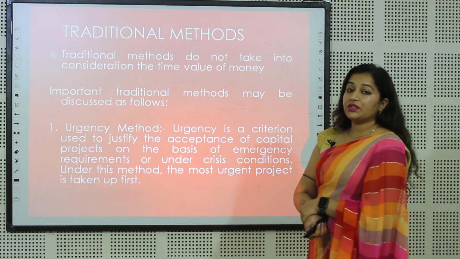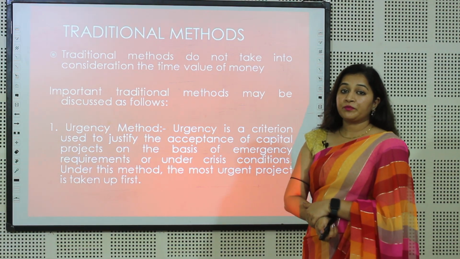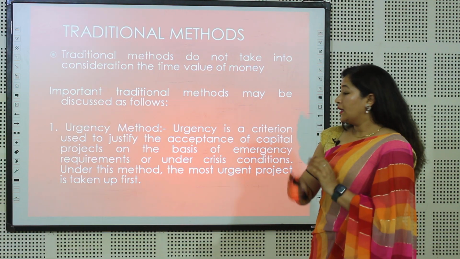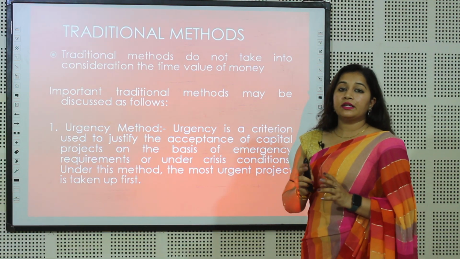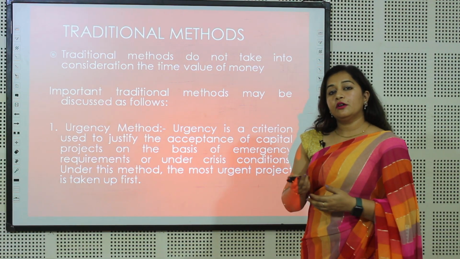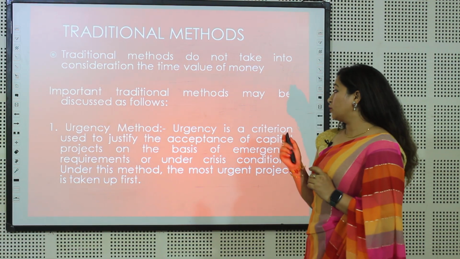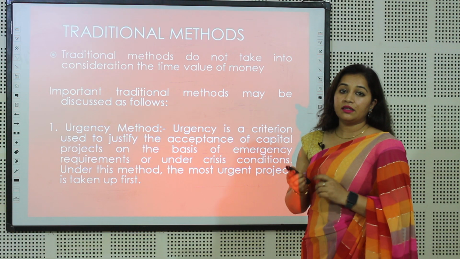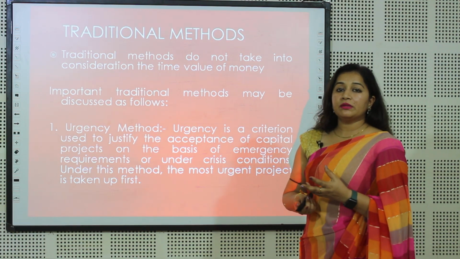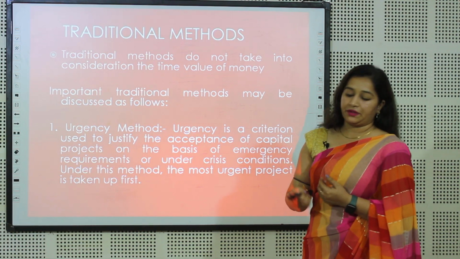So in that condition, they need some machine on an urgent basis, and they don't have any time for calculations or techniques. So this method is known as urgency method. In this method, they come up with any machine they are getting on an urgent basis.